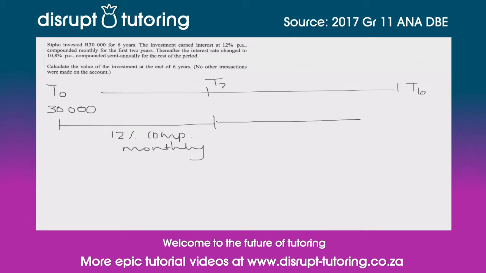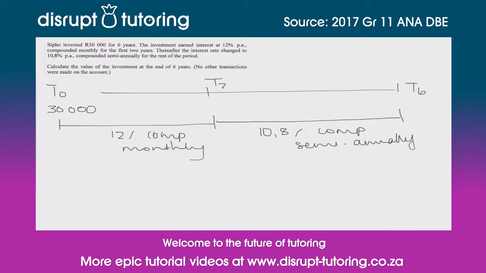So for the remaining 4 years, we know that it was 10.8%, and that was compounded semi-annually, and that was for the rest of the period. All right, so now we've got all the information out in front of us, and we can look to solve this question.